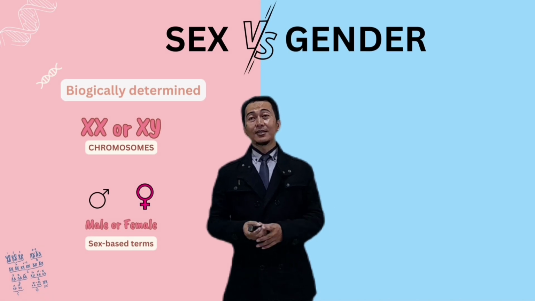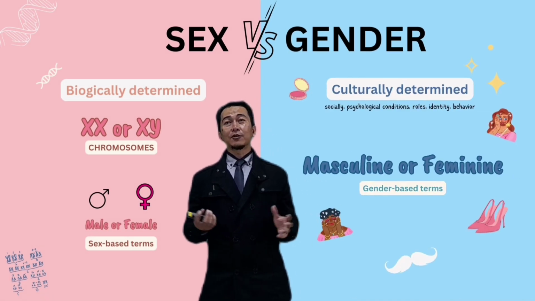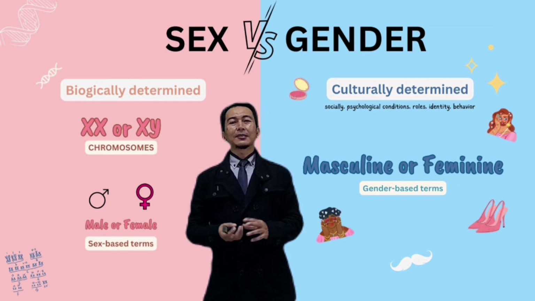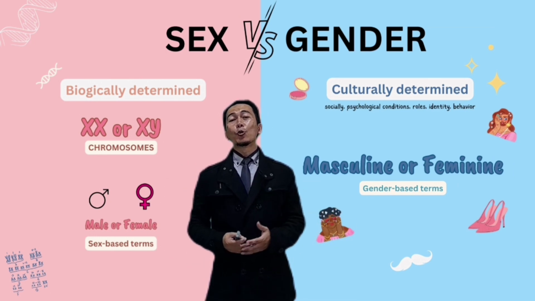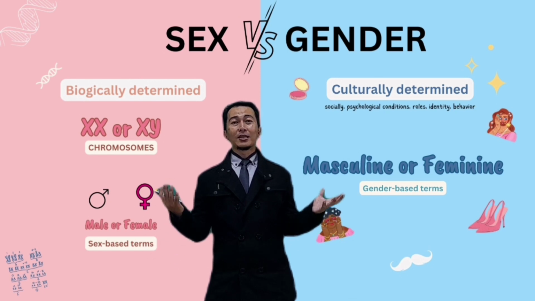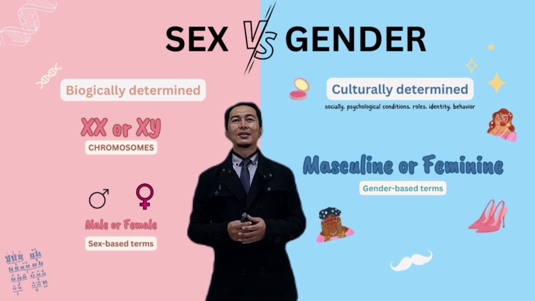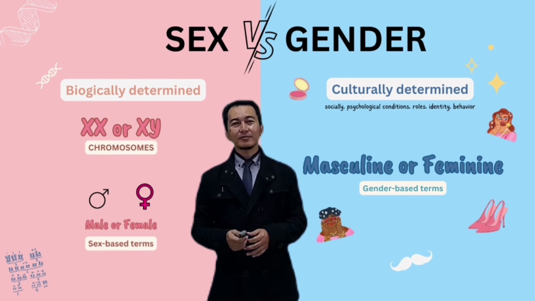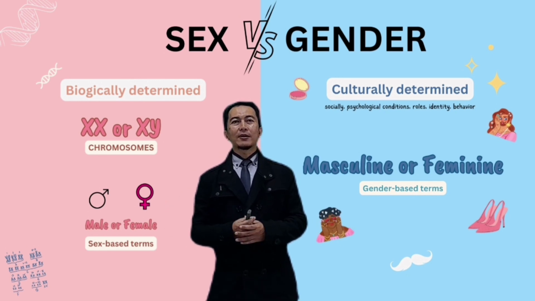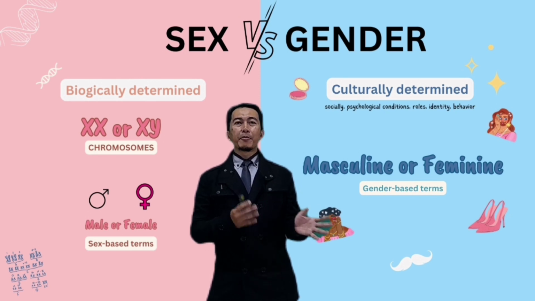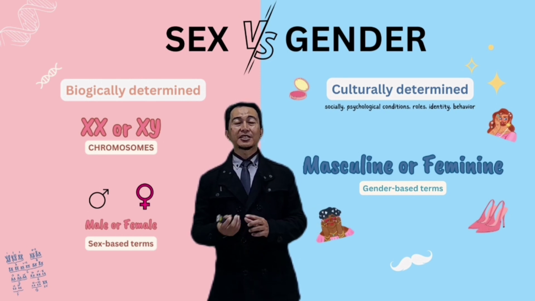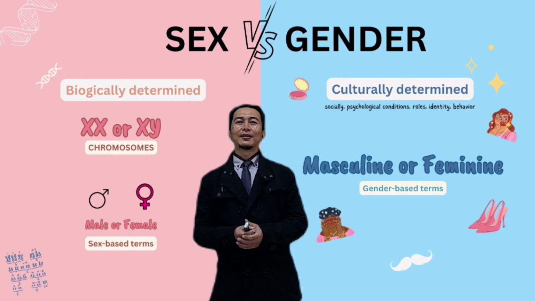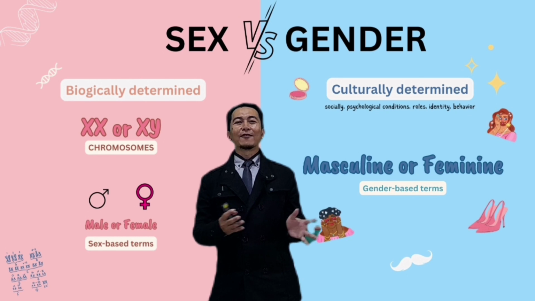But gender is culturally determined. Culturally means that our culture will determine whether we are male or female. And then the second one, sex: we know male and female. This is a sex-based term because in our life, we know this is male and female.